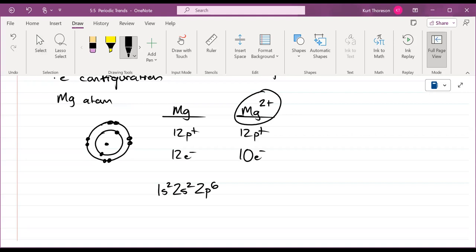Does it need to gain 6 to become stable, or would it be better to lose 2 to become stable? Lose 2. So what noble gas would strontium resemble once you made it an ion? It would resemble krypton. It resembles the noble gas that comes before it.